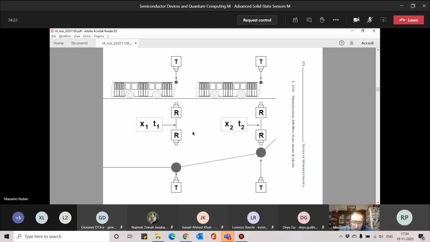And we must be content with a smaller amount of information that is associated to the statistical distribution of the particles, if we are considering many particles, or to the probability of localizing a particle in some region of space.